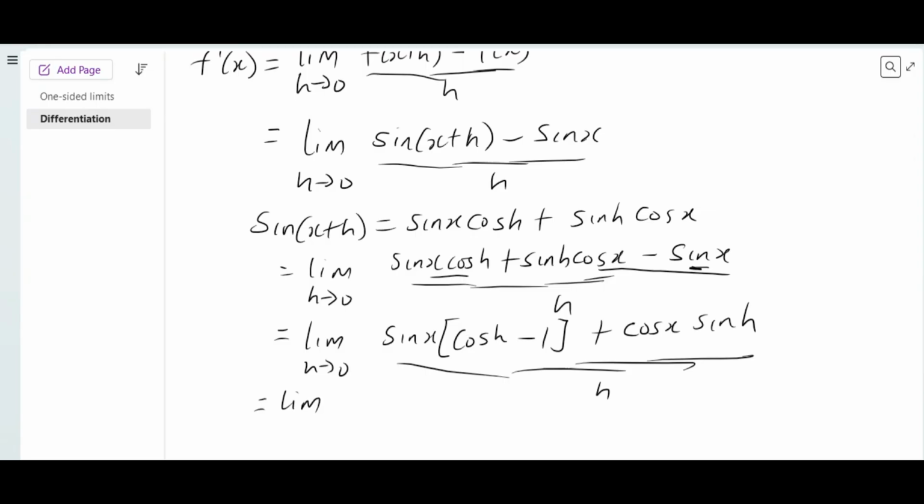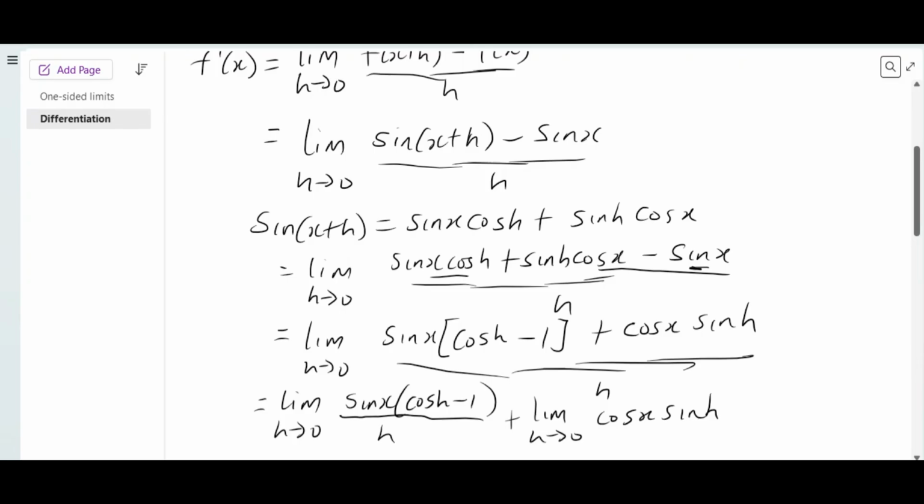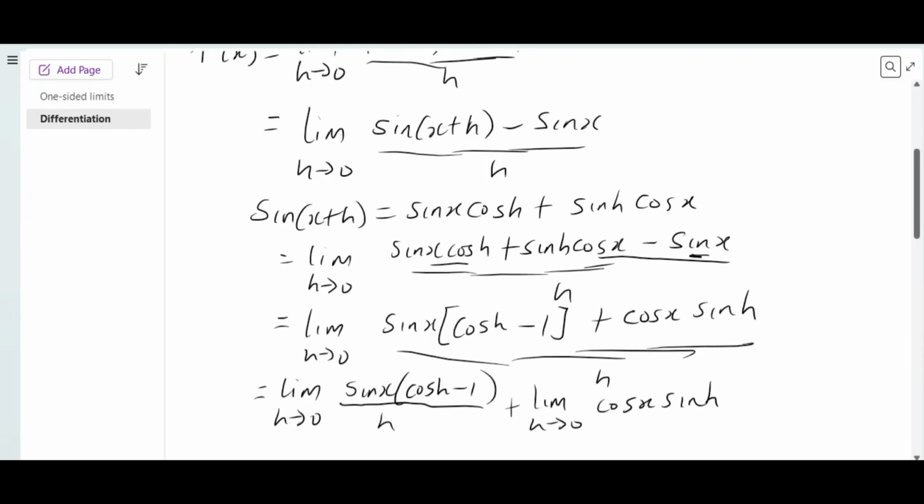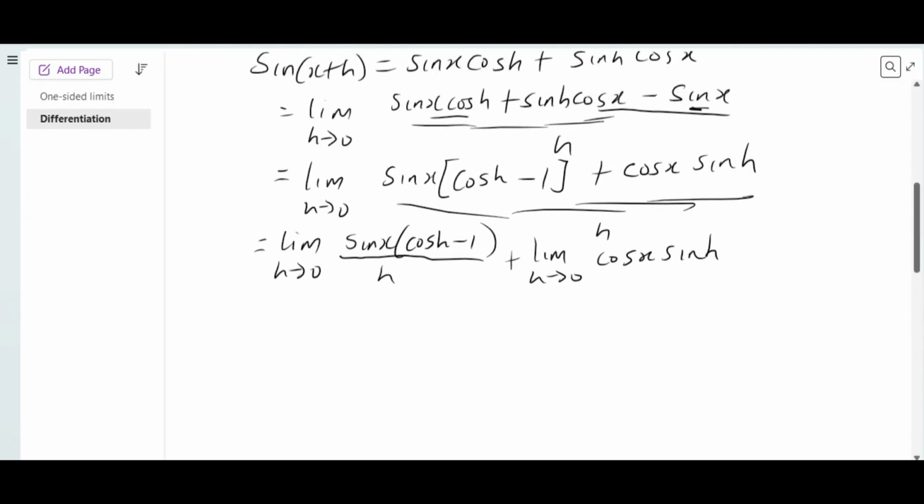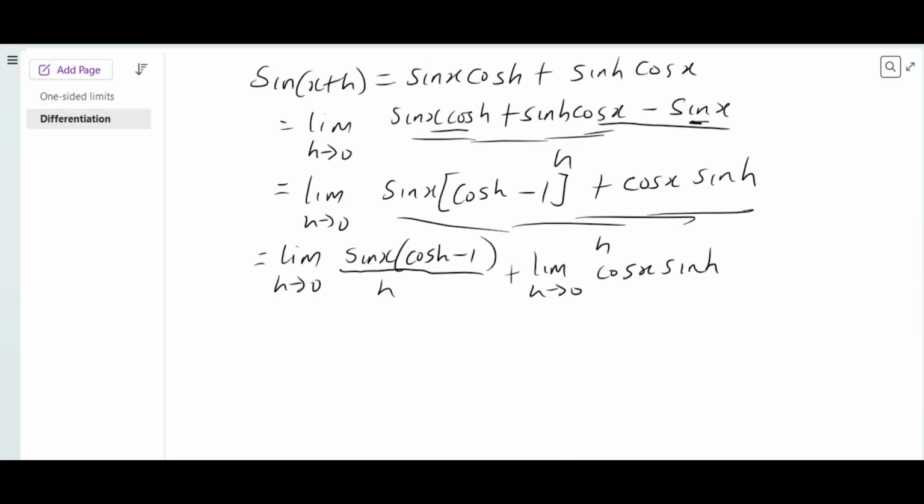So the limit as h approaches 0 of sine x times cos h minus 1 all over h, plus the limit as h approaches 0 of cos x times sine h over h. So I've just split the limits, because they are adding, I can take the limit of each term. Then from each of these, the ones without the h, I treat as constants.